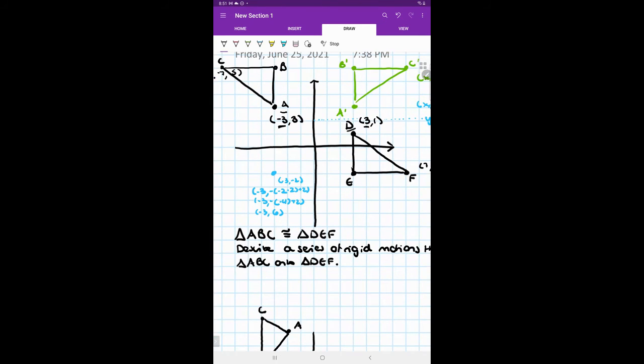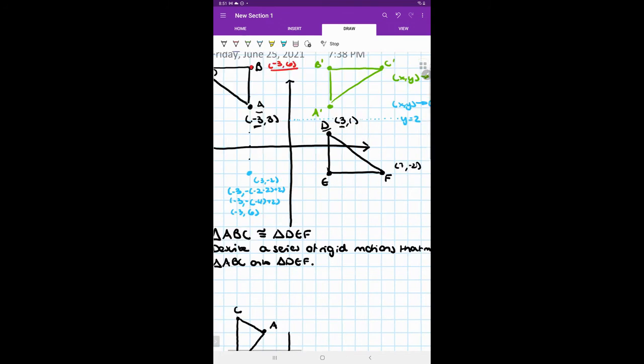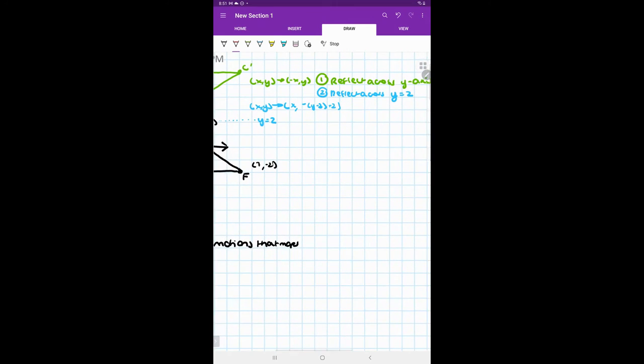If I wanted to reflect this across the line y equals 2, I'd go up 1, 2, 3, 4 units, and then I'd go up 1, 2, 3, 4 units again. It actually happened to be B. That was unintentional, and I would get (-3, 6), which is exactly what I wanted. Not that we actually needed this whole description in terms of x, y. I just think it's effective.